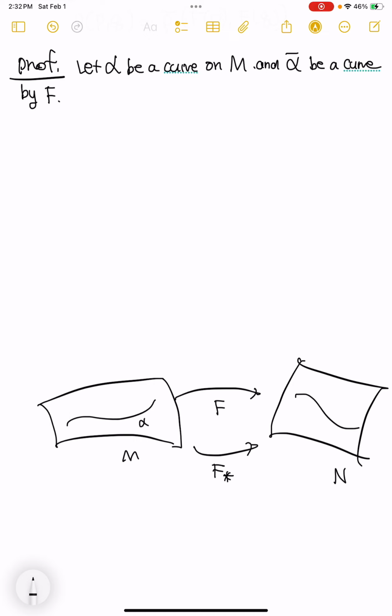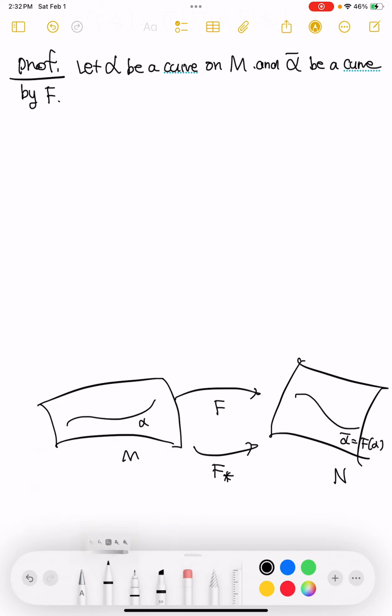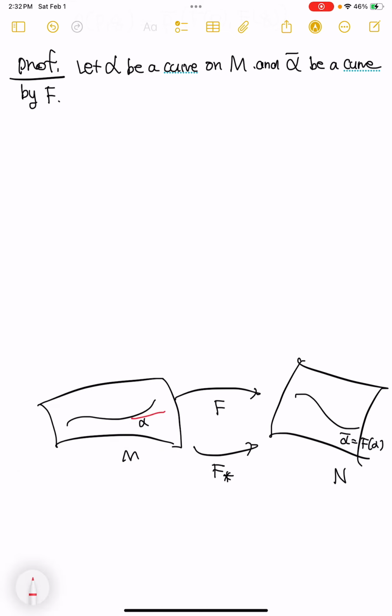A curve is given, that is alpha bar, constructed by the map F. And we can think about a tangent vector, alpha bar prime.